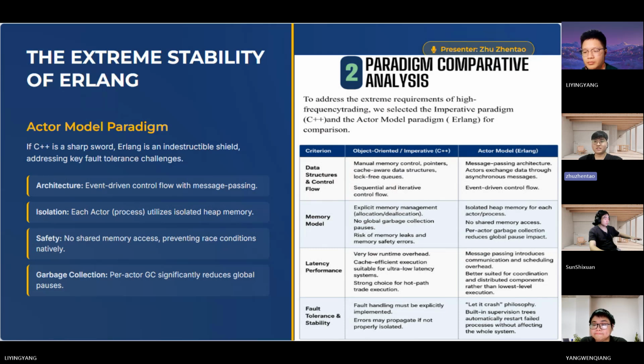If one actor has a problem, it does not easily break the whole system. Other actors can still continue working, so Erlang is very useful for the management part of the trading system. It can help the system stay stable even when some small errors happen. This is why C++ is better for speed, while Erlang is better for stability.